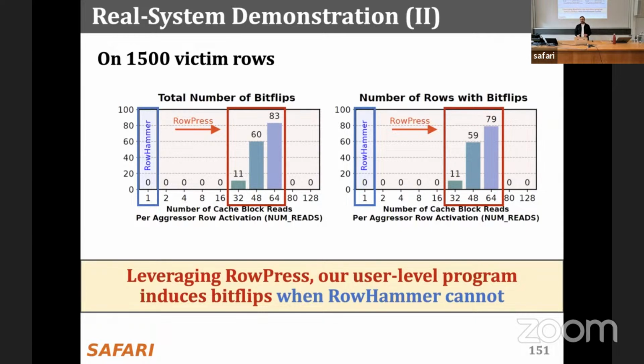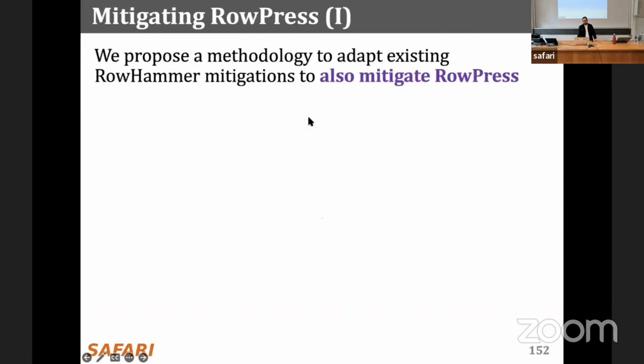So basically, in this particular test, we show that there is a set of DRAM cells, a DRAM row, in which we cannot induce bit flips by using RowHammer alone. But if we use Rowpress to exacerbate DRAM read disturbance, then we can have a significantly large number of bit flips.